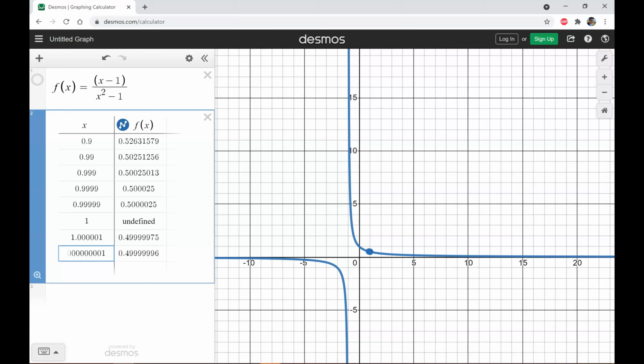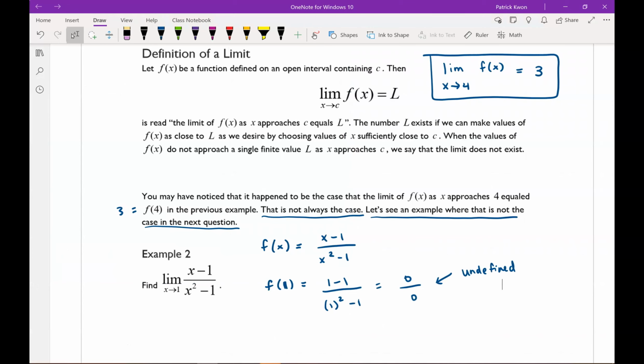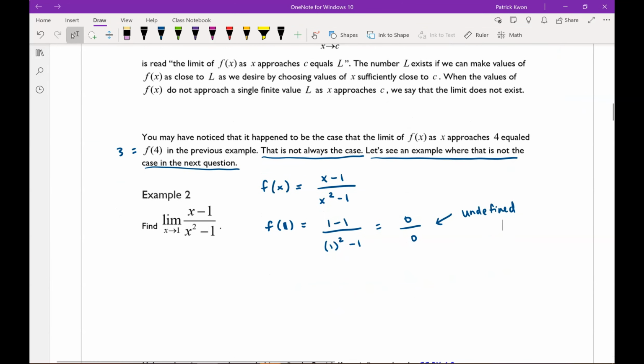If you said 0.5 or 1/2, you would be correct. So this is how we're doing it using a graphing utility. So coming back here, we would say that the limit as x approaches 1 of x minus 1 over x squared minus 1 is equal to 1/2.